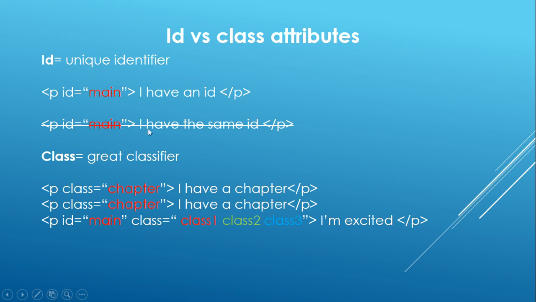It doesn't apply to other elements, while the class is quite the opposite. Class stands for classifiers. It can be used in different elements. It can be multiplied, while ID cannot be multiplied. When we use an ID for a paragraph, we cannot use the same ID for another paragraph. But with class, we can use the same class with another paragraph.